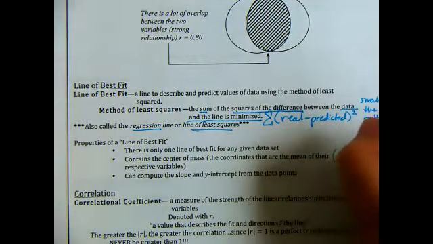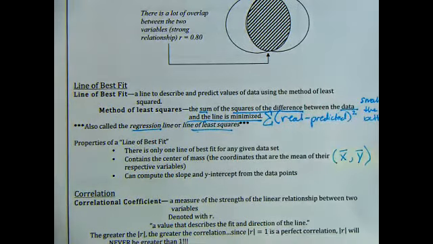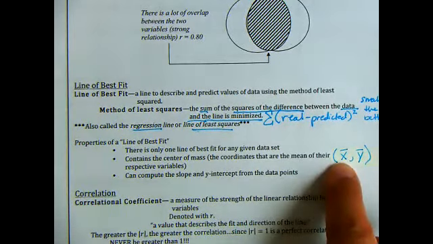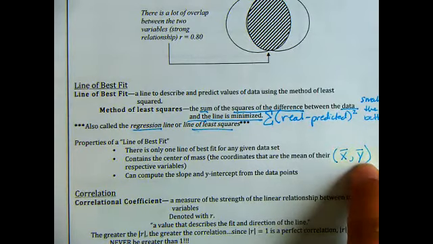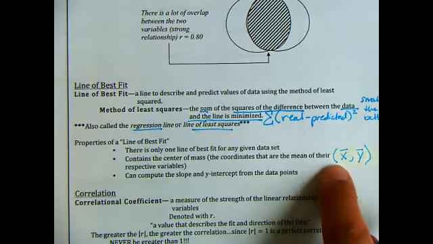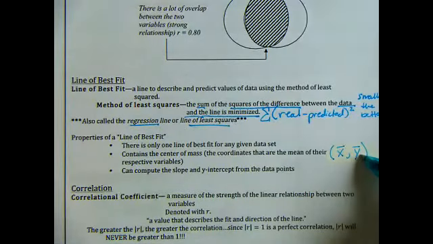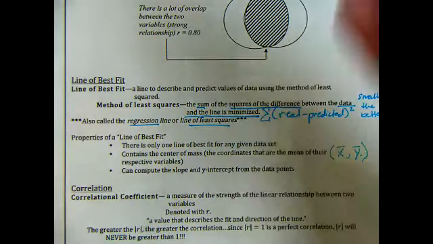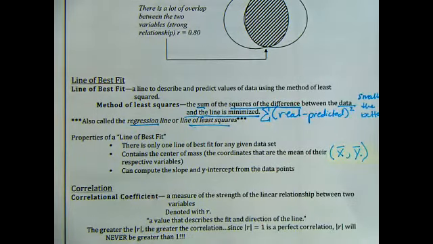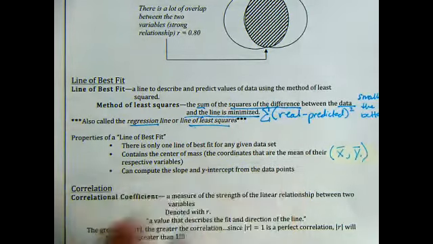And I should know it. It contains this point right here: the mean of the x's, comma, the mean of the y's. The x's come from one of your variables that you're comparing, and the mean of the y's are the other variable you're comparing it to.